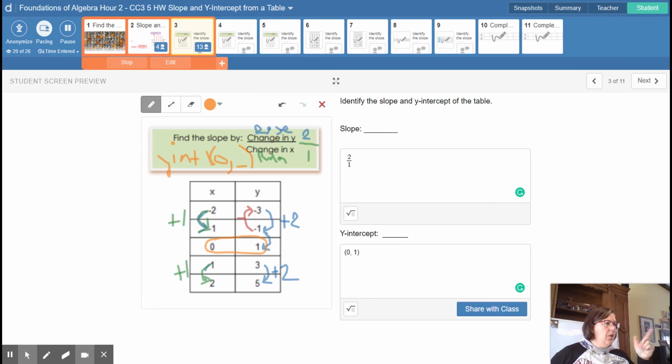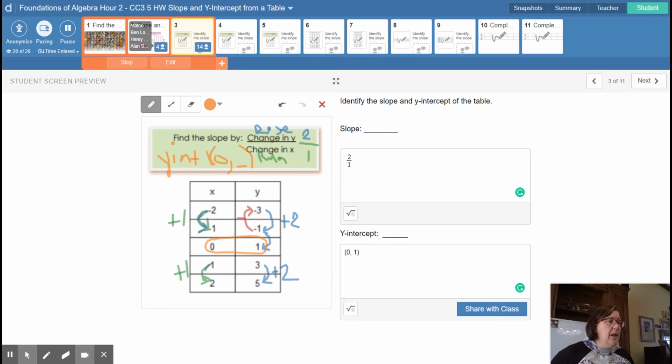All right, so again, you're going to go back and forth. You're going to copy what you see on my slide 3. You don't necessarily have to copy all of this stuff up here. It would be helpful. I definitely would show my work that I see down here in the table to help reinforce the idea about finding slope and y-intercept.